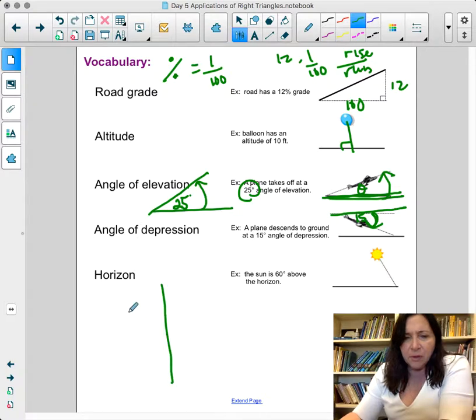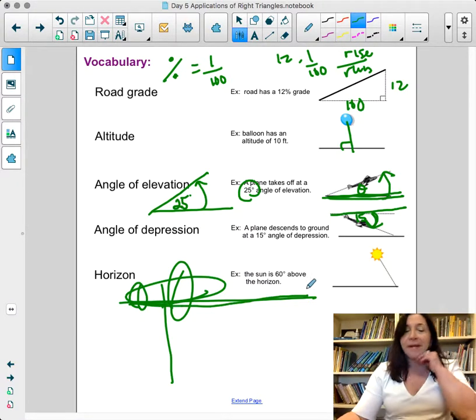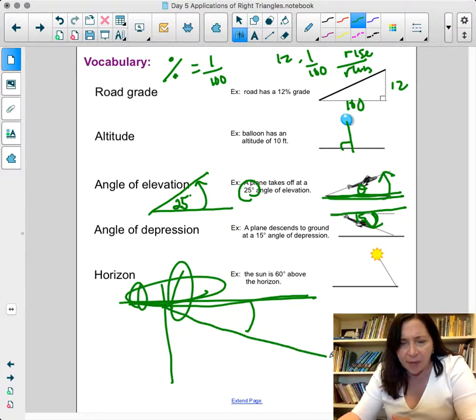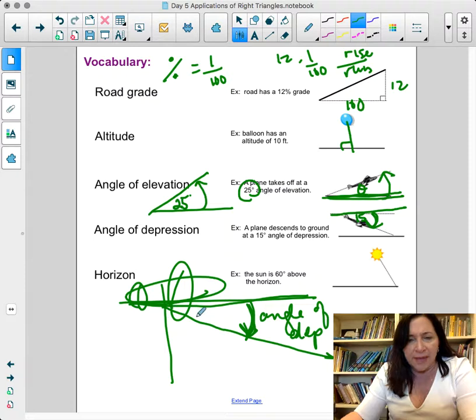But several people could get this confused, in that, let's say here's an airplane, and the airplane starts making a descent off of the horizontal. So when the airplane starts making the descent like that, this angle here is the angle of depression. That's it right there on the outside.